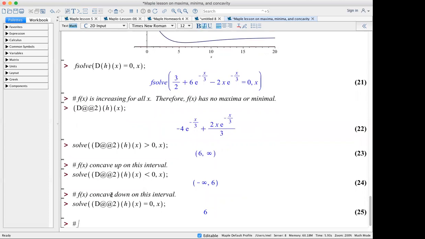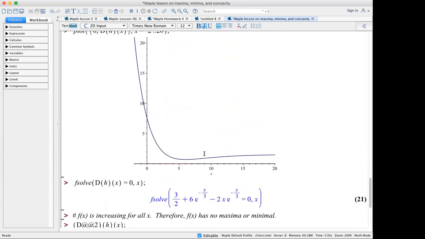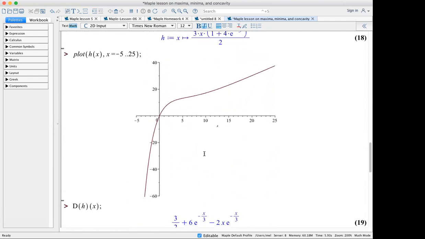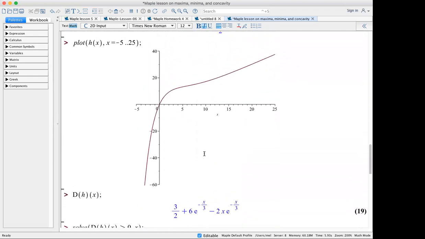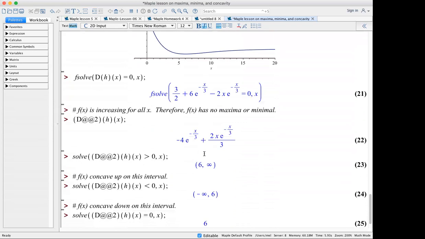So x equal 6 is a point of inflection, because at x equals 6, the curve changes from concave down to concave up. Okay. That is the story.